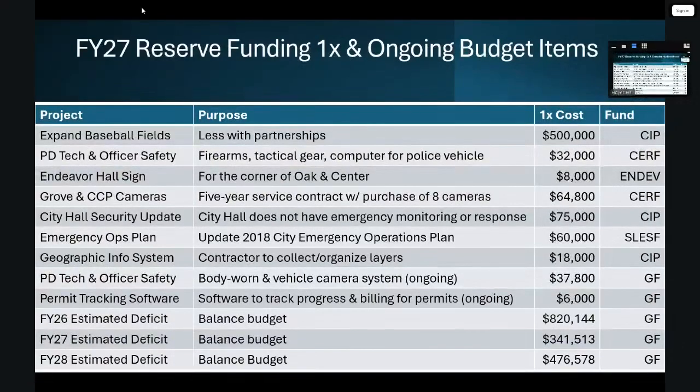I show that on attachment B at the very bottom. The dollar amounts for both of those are not budgeted in, but I brought them forward because I don't think there was a clear consensus to add them.